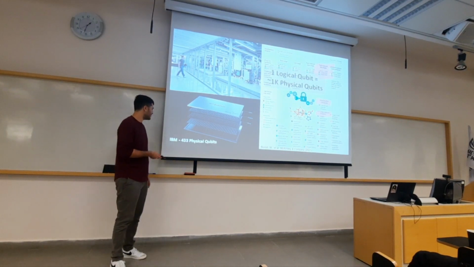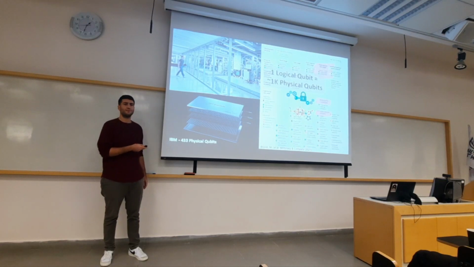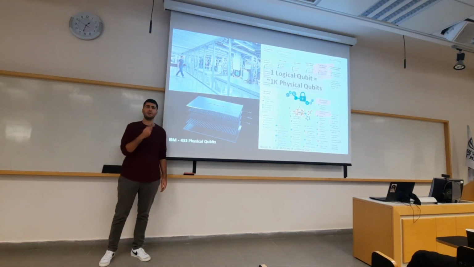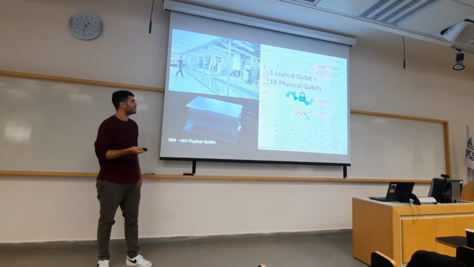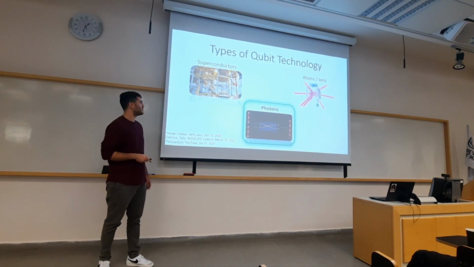When you saw that IBM a month ago published that they have a quantum computer with 400 qubits, they have 400 physical qubits, which means less than half of one logical qubit. So it's important to notice, and we will understand the architecture behind all those physical qubits.